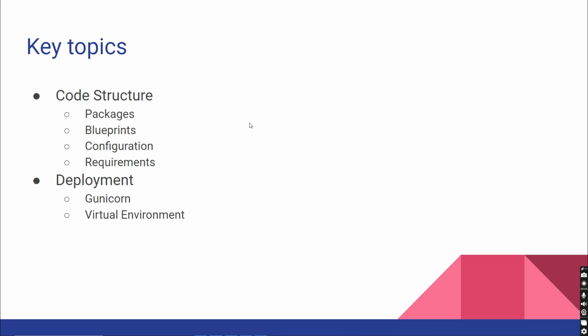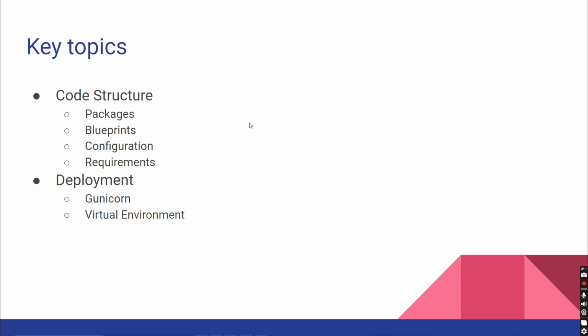Okay, so the code structure is very important while developing large scale REST APIs or web applications. During my initial days of my career, when I was developing Python based applications, I was not following a proper structure. I was just writing Python programs in simple Python files, and then calling the modules one by one based on the need.